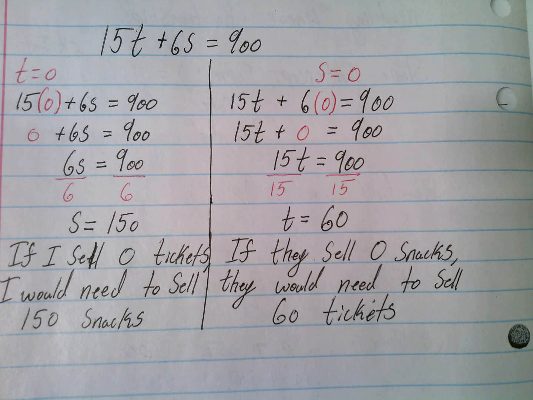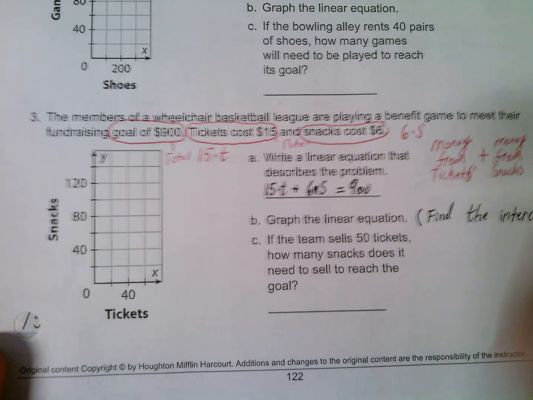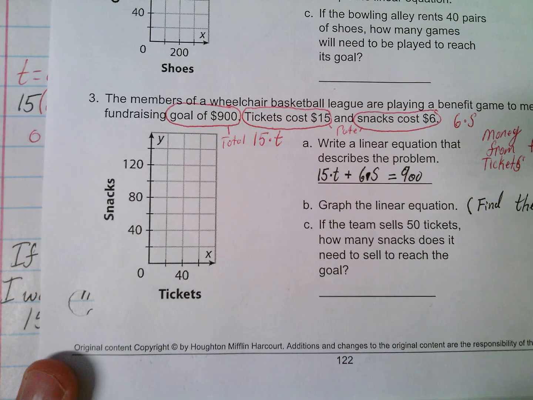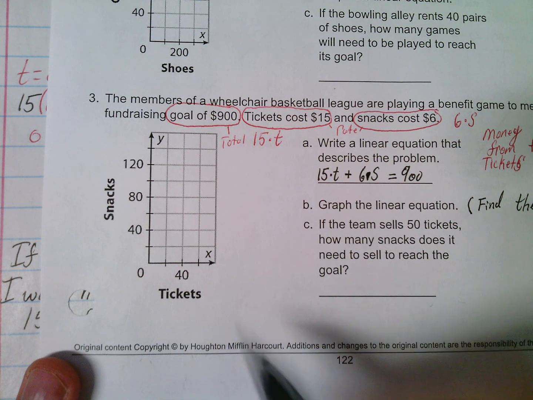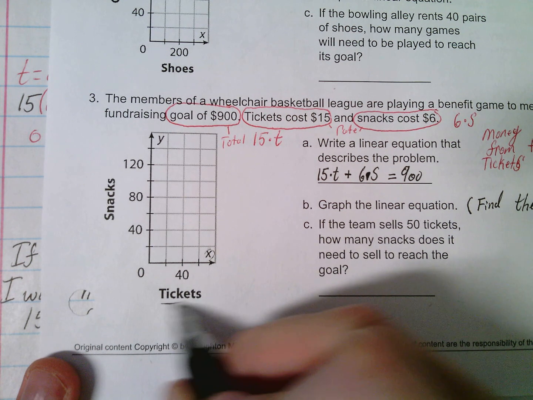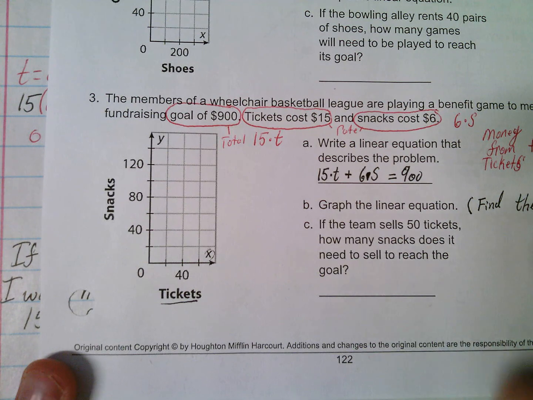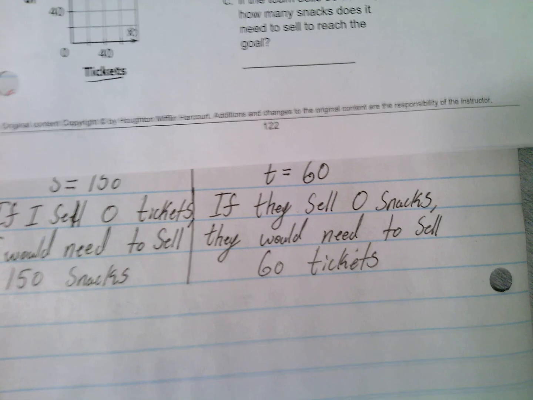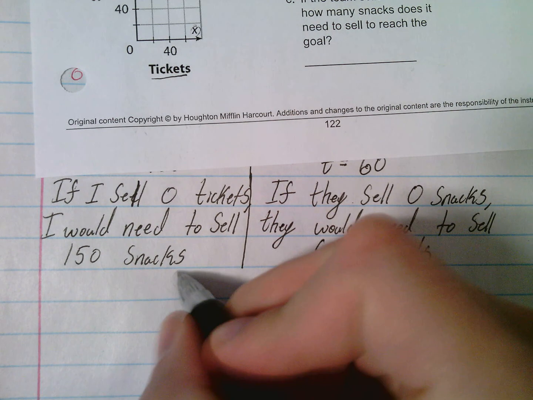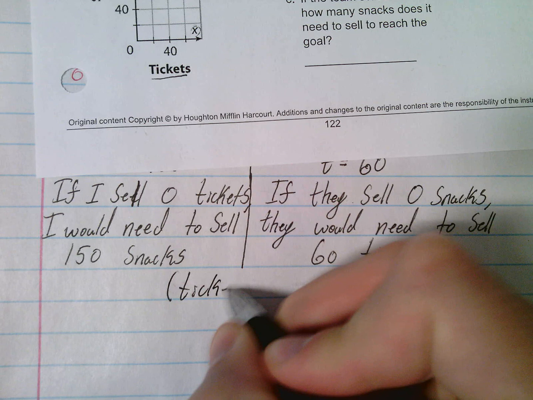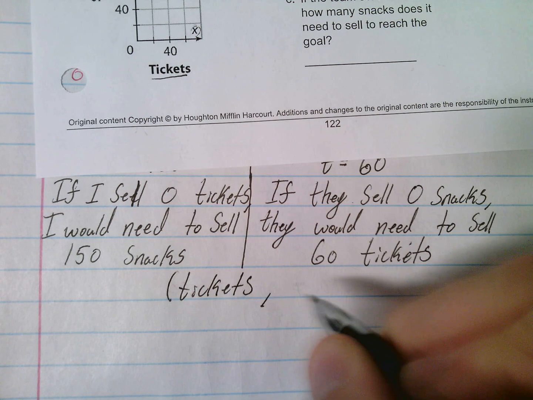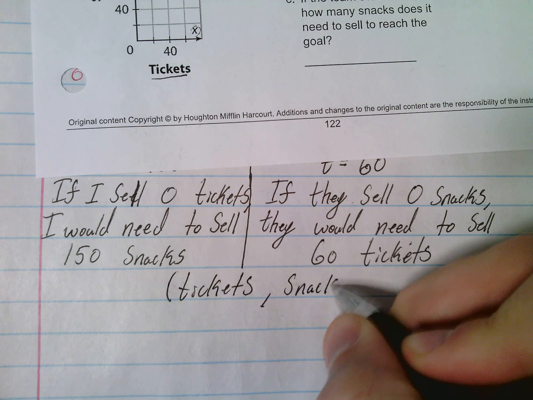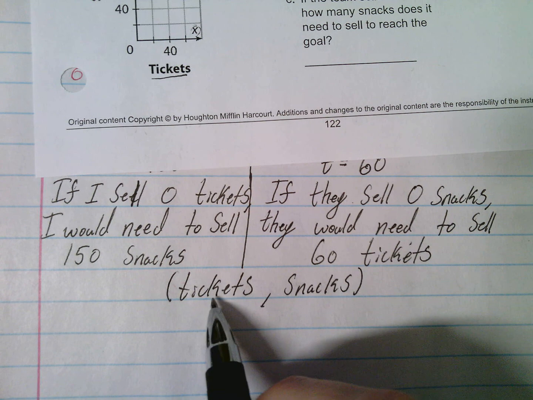So let's look at a graph here, because they give us a graph to decide which ones are X and which ones are Y. Well, if we look at the graph, the X-axis is labeled with tickets. So that means when I look at an ordered pair for this problem, it is going to be the number of tickets and the number of snacks, because tickets is my X value.